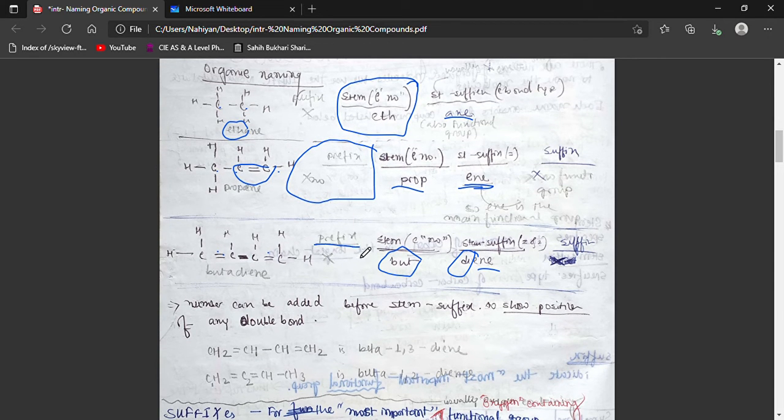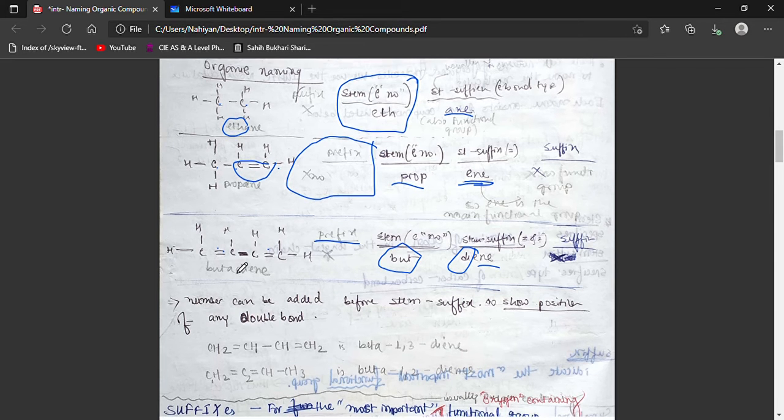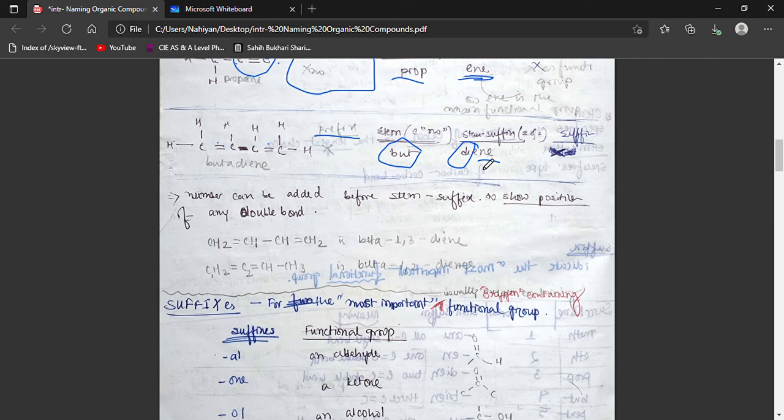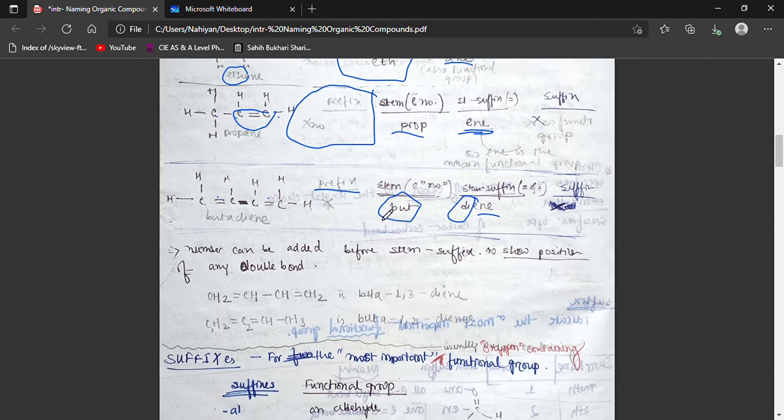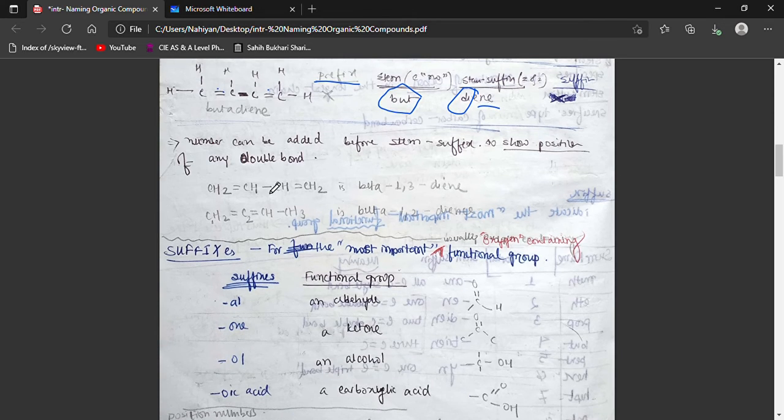In the prefix, there is no prefix, however, we have locations where the double bonds are situated. So we have to show where the double bonds lie, or where the functional group lies in the carbon chain. You do this by writing the locants or the numbers.